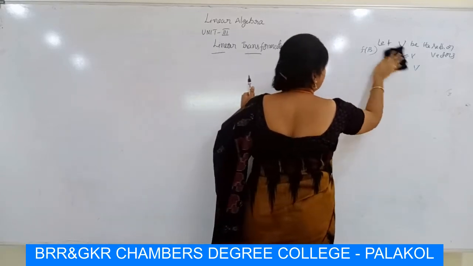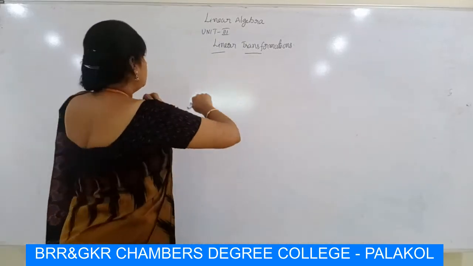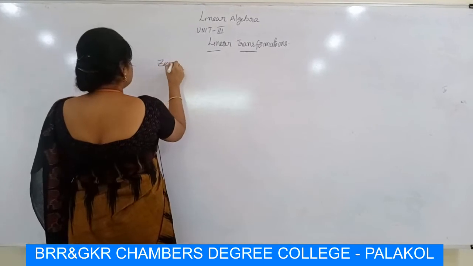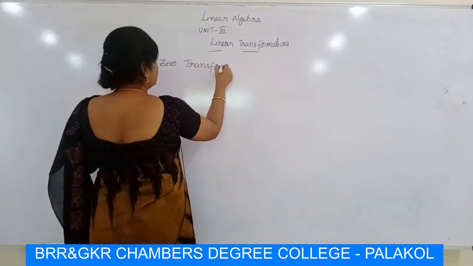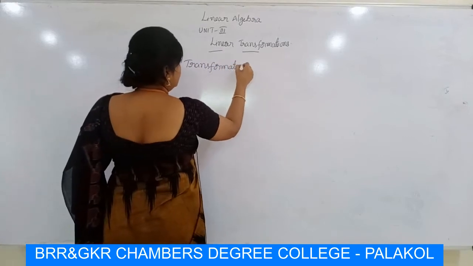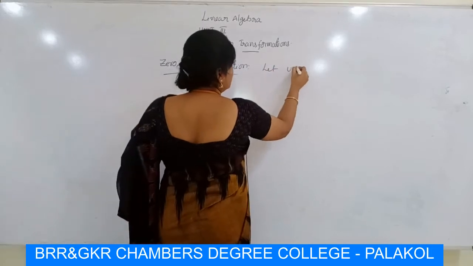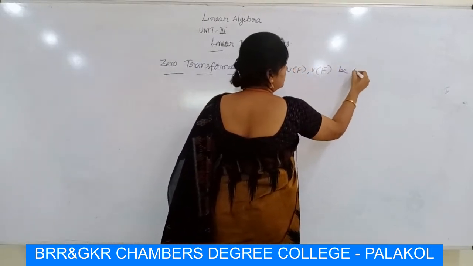First one, zero transformation. Statement: let U of F and V of F be two vector spaces.